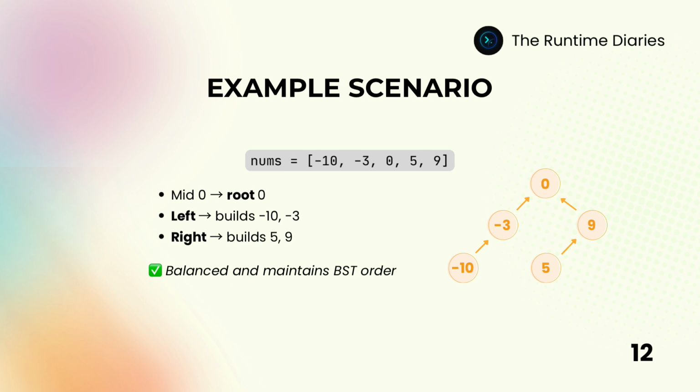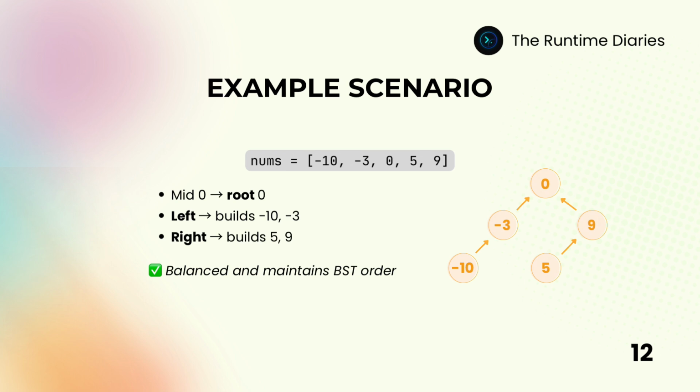Let's visualize it with a real example. Our input array from left to right is -10, -3, 0, 5, and 9. Pick the middle 0. That's our root. Our left side's going to be from left to right, -10 and -3, which builds its own subtree.